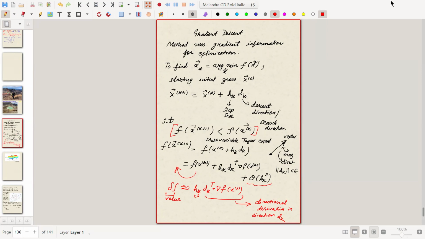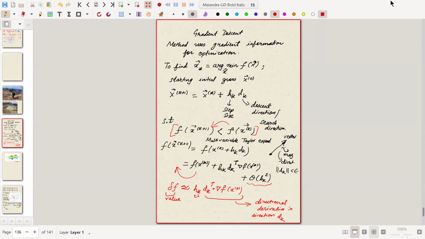How many of you did not understand this? f of xk plus 1 is less than f of xk, isn't it? Then what is f of xk plus 1 minus f of xk? Just take this quantity onto the left, less than 0. Have you seen that quantity somewhere? Yes, where? Delta f. We took this quantity there.